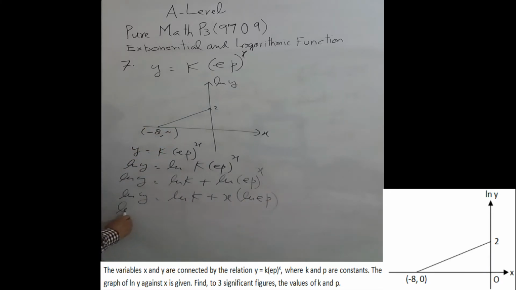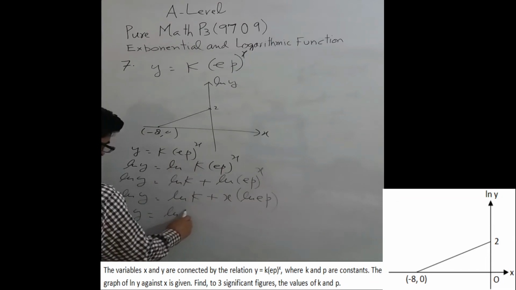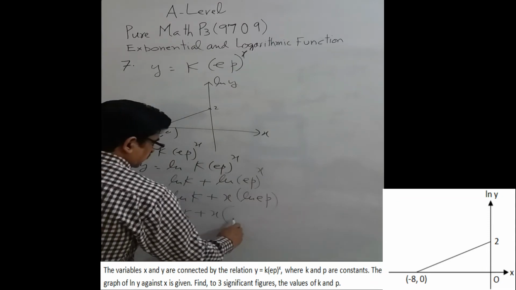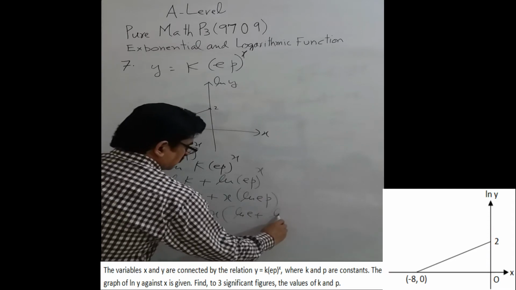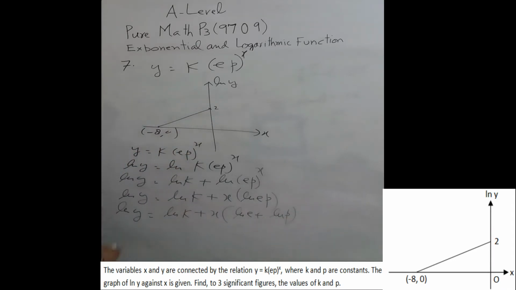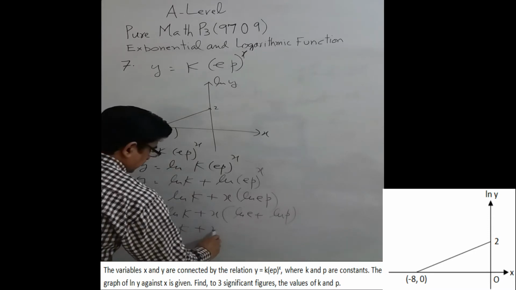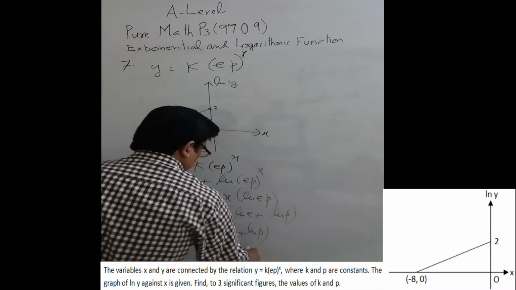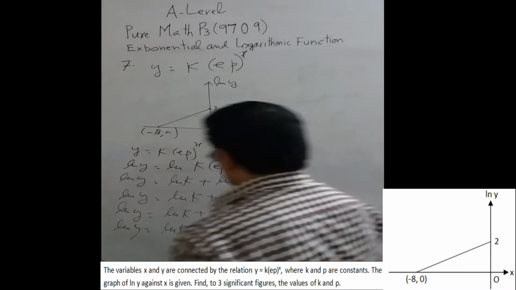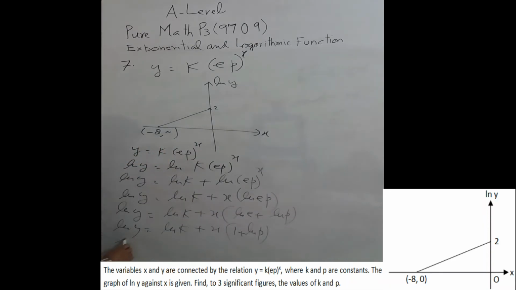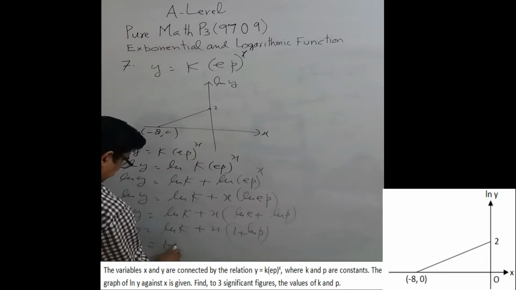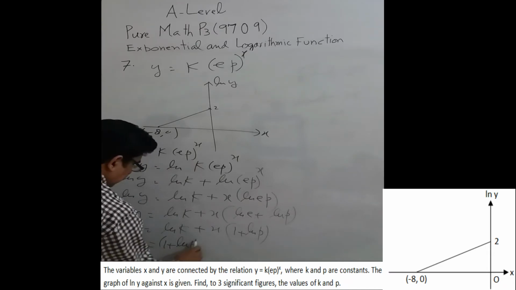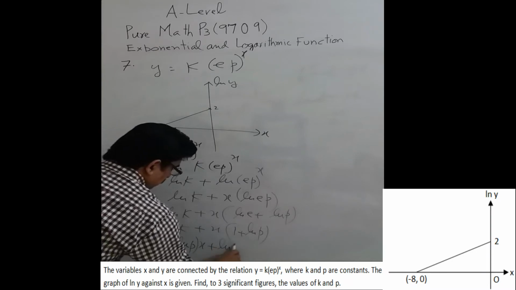You can also write it as ln y is equal to ln k plus x into ln e plus ln p. You can write it ln y is equal to ln k plus x, ln e to the base e is 1, plus ln p. Now again we can write it like this, that ln y is equal to 1 plus ln p into x plus ln k.